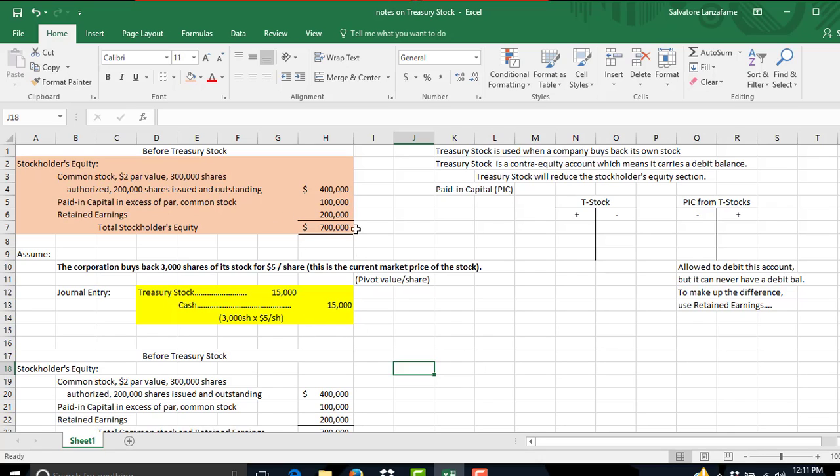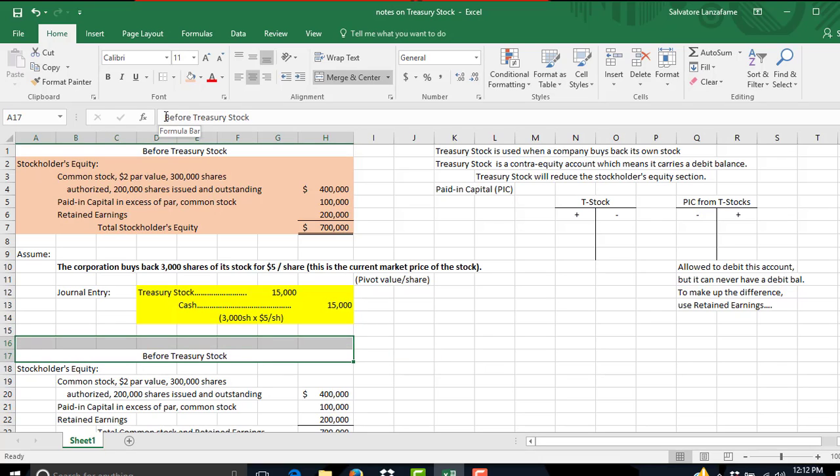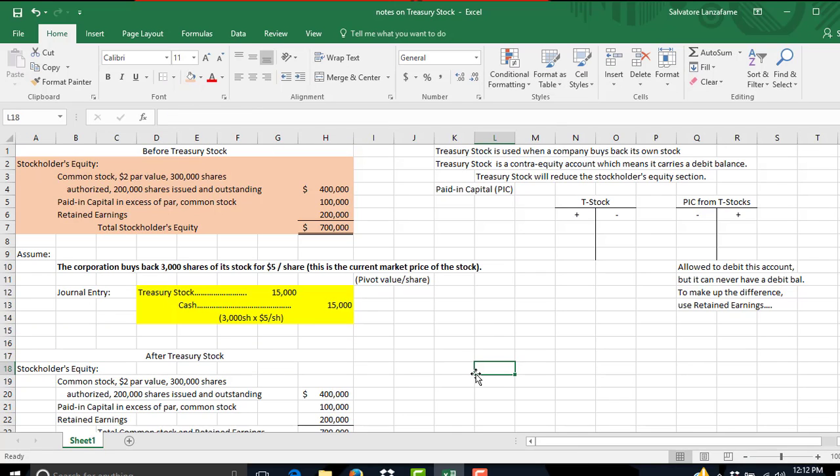So remember the stockholders' equity section we had up here? 400,000, 100,000, 200,000, 700,000. Well, now let's see what that looks like after. So let me change this to after. After the Treasury Stock transaction, notice I still have common stock, $2 par, 300,000 shares authorized, 2,000 shares issued and outstanding.